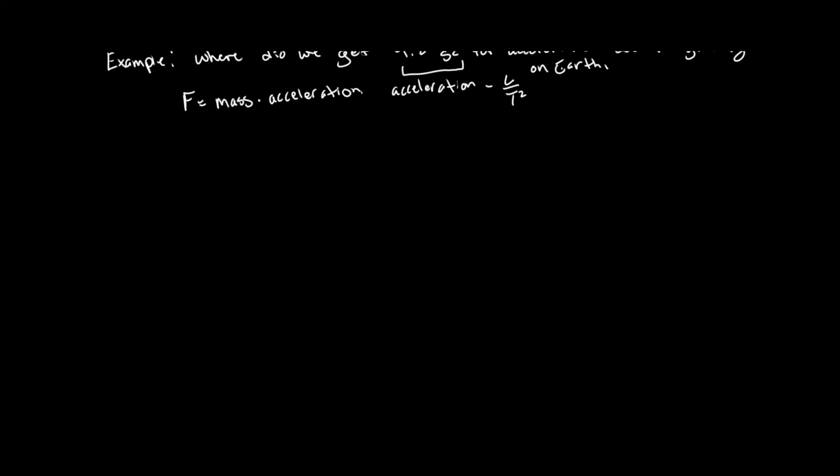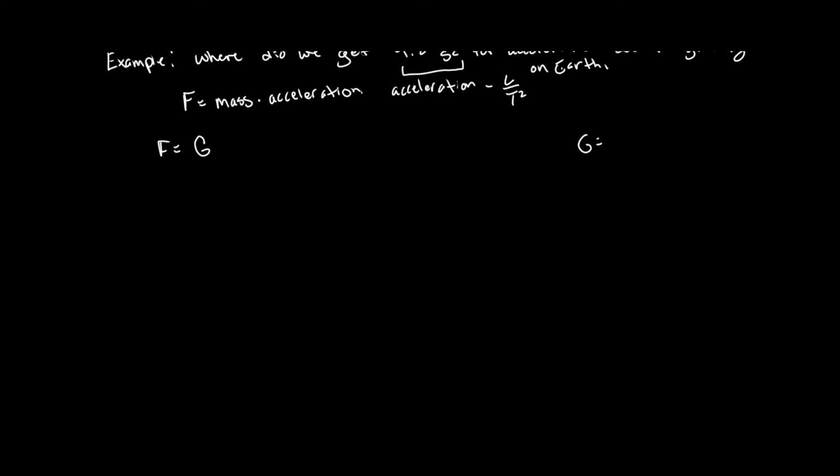And there's another one that says force is also equal to the gravitational constant, G. Anytime we talk about a constant, it's a number that really doesn't change. You plug it into equations to find a solution, but it doesn't change so much.